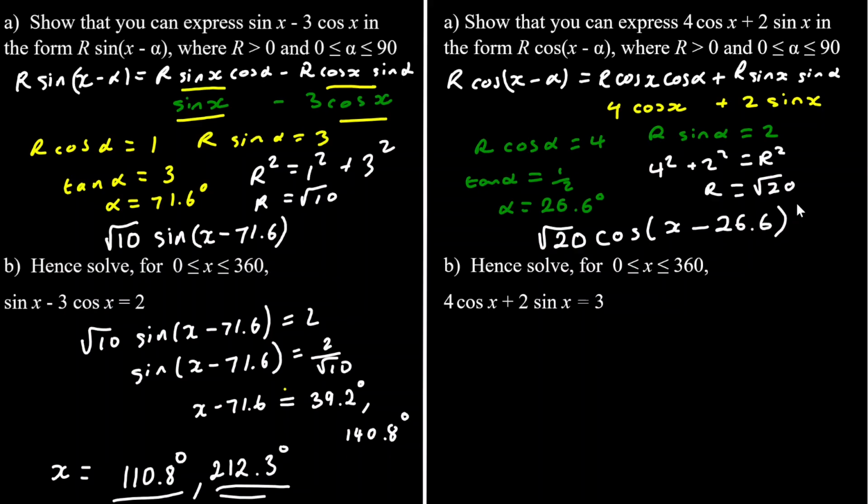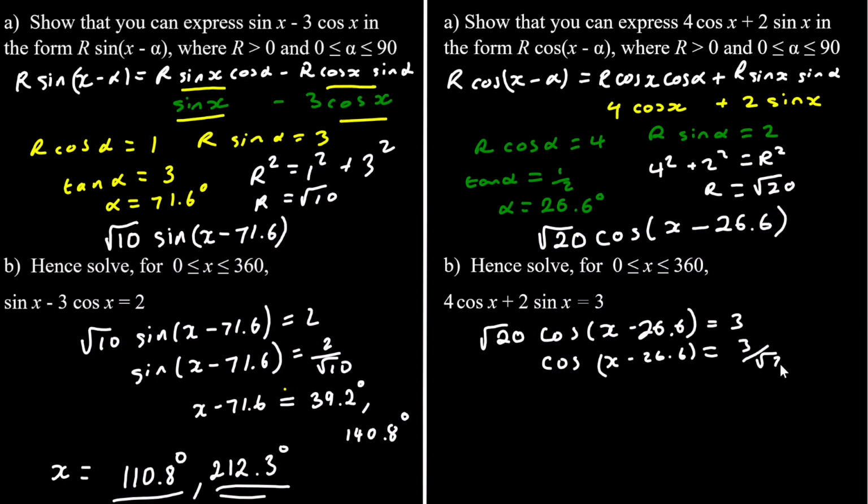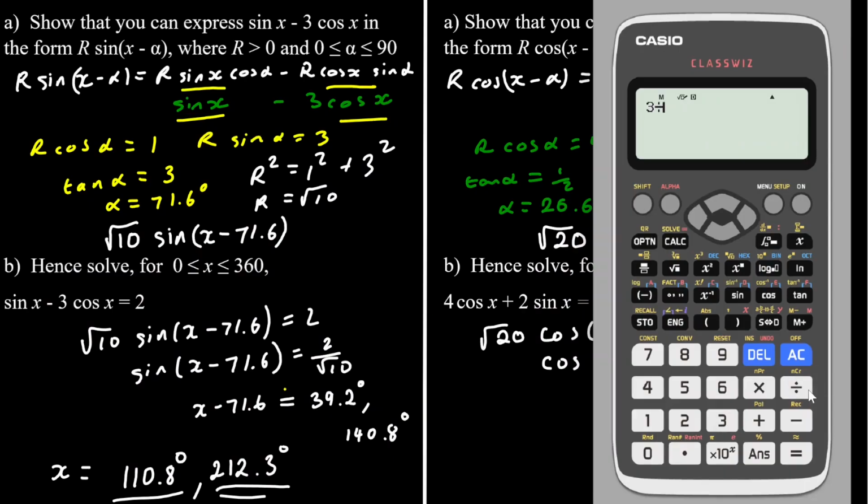Hence solve. So it's what we had before, which is now square root 20 cos x minus 26.6 equals 3. So divide by square root 20. And shift cos. So 3 over square root 20.